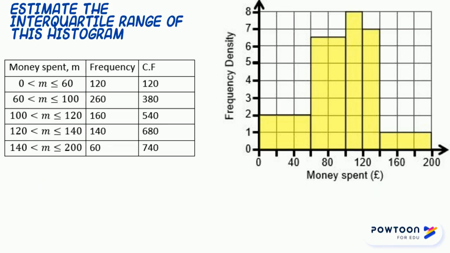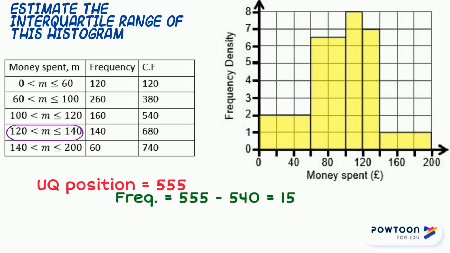Now on to finding the upper quartile. Again, that's going to be 3 times 740 divided by 4. And we get that we're looking for the 555th value. This is going to be in the interval from 120 to 140. So we can find our frequency next. The frequency is just the 555, take away the 540 that we'd already used, so our frequency is 15.